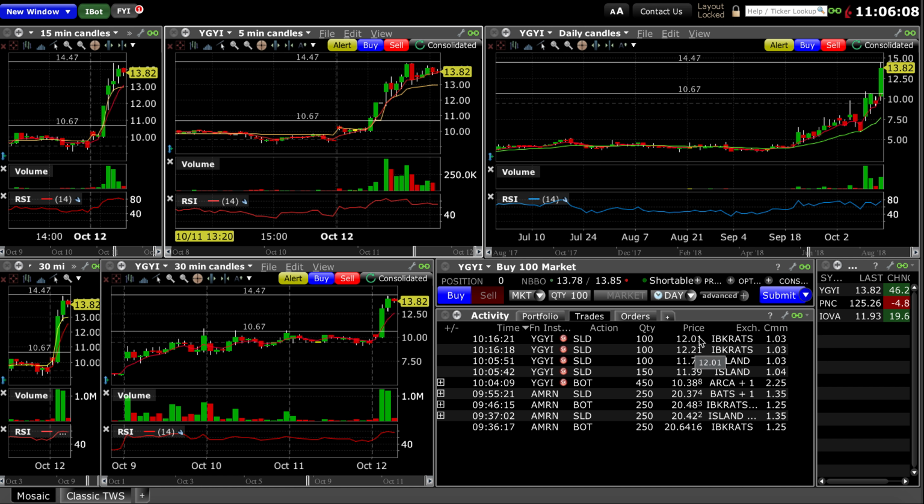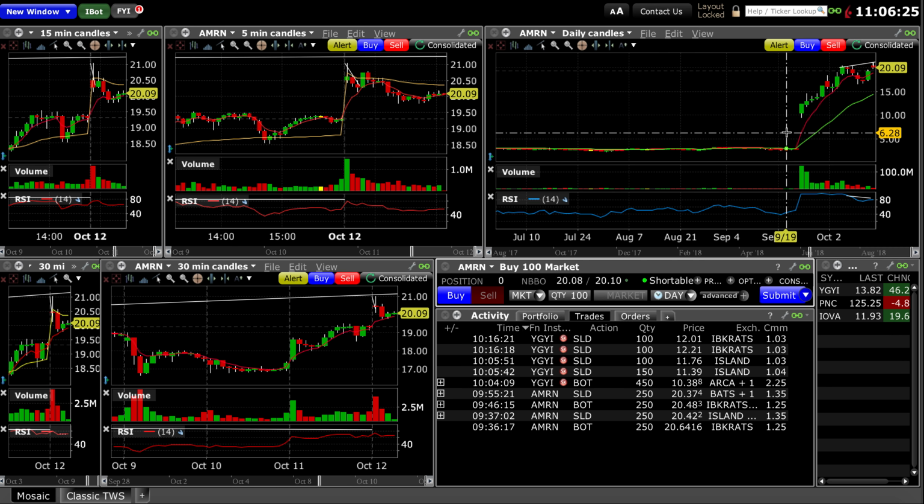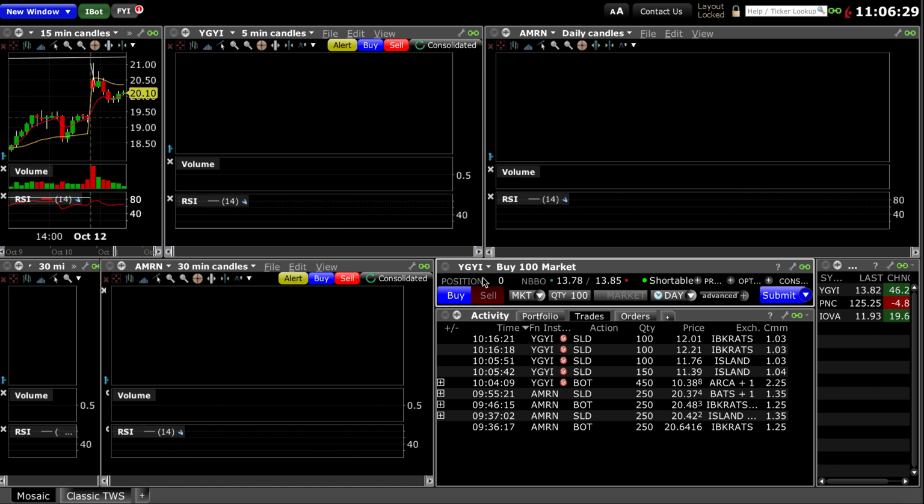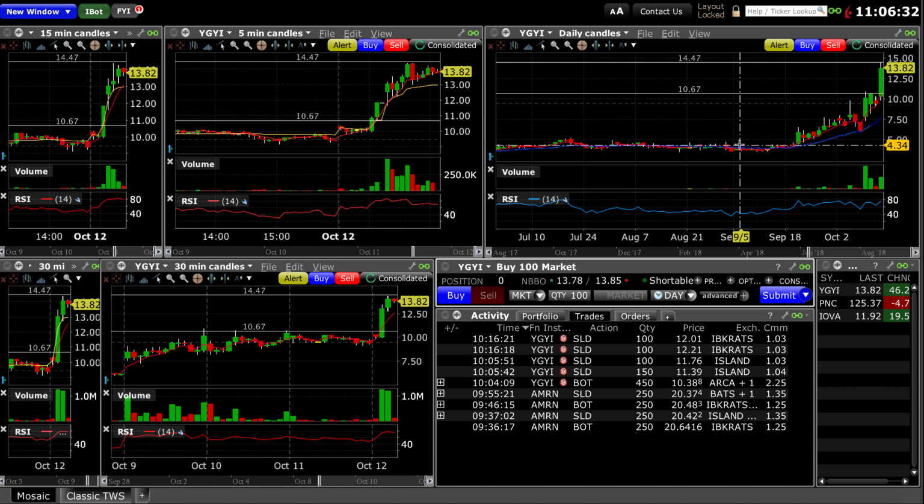So a pretty profitable trade, made about 600 bucks on it, just on 450 shares. Just trying to play it based on RSI and daily chart patterns, to see which is a higher probability trade. So I showed you one where I did not follow the RSI, and that's why the trade didn't really work. And there's a trade where I did follow the RSI and the trade worked beautifully.